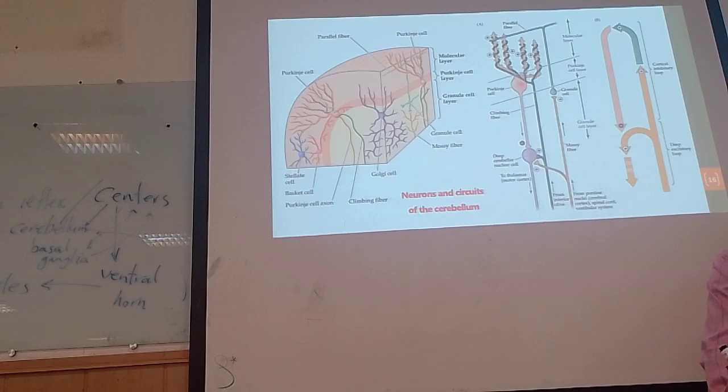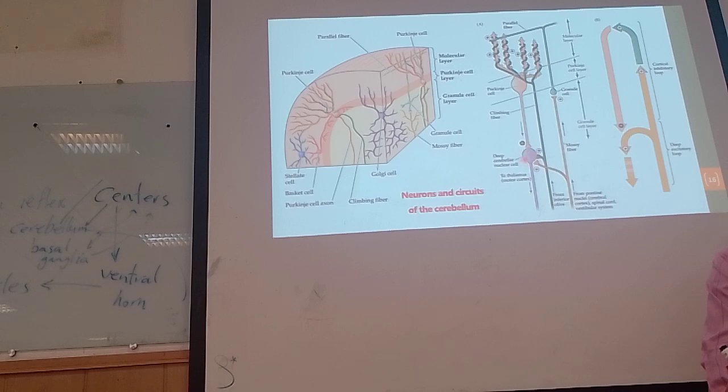First of all, you should consider this. The Purkinje cell from here makes synapses with the deep cerebellar nucleus. This may be the fastigial nucleus, the interposed nucleus, or the dentate. Okay? So the Purkinje cell releases an inhibitory neurotransmitter, so it always inhibits the deep cerebellar nucleus.